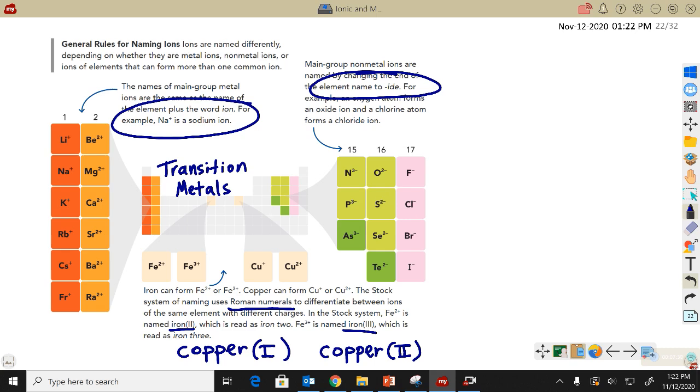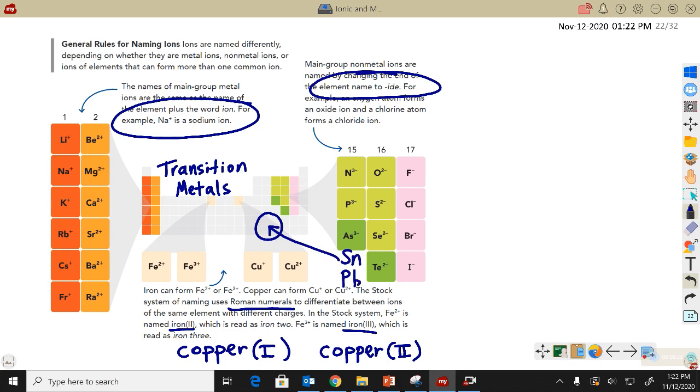Okay, so here's 3 main groups of the periodic table. We've got the first 2 groups, the alkali and alkaline earth metals. Those are easy. We just say ion if it's charged. The transition metals will have a Roman numeral. And I should also mention that not only will you see transition metals with the Roman numerals, but you'll also see them with tin and lead. Like down in here would be tin and lead.